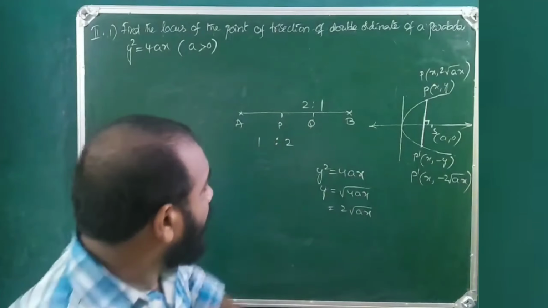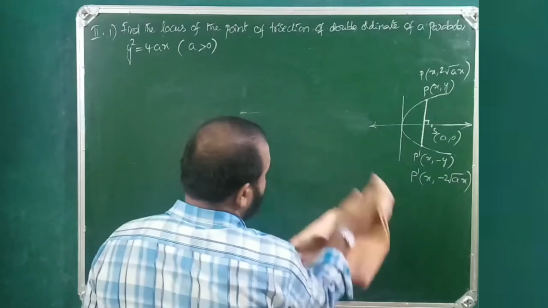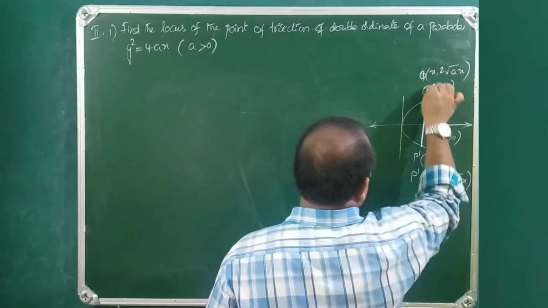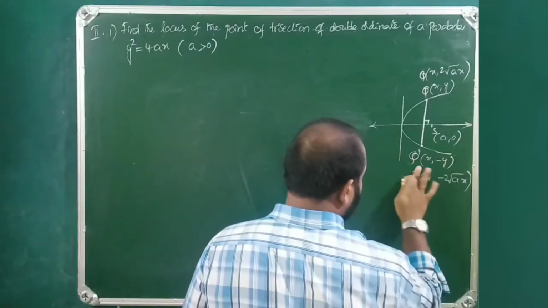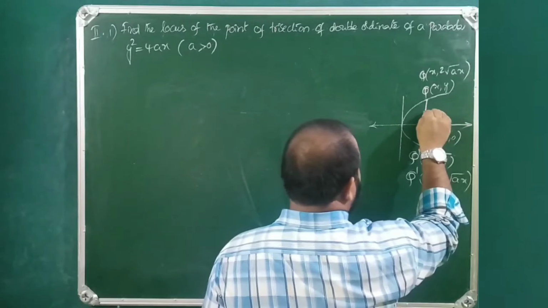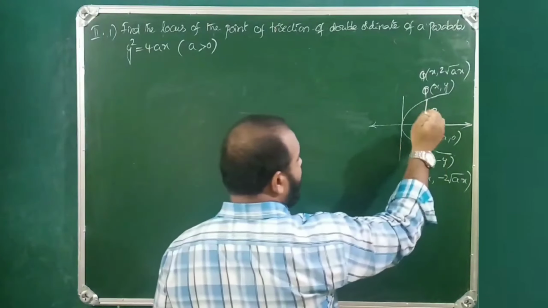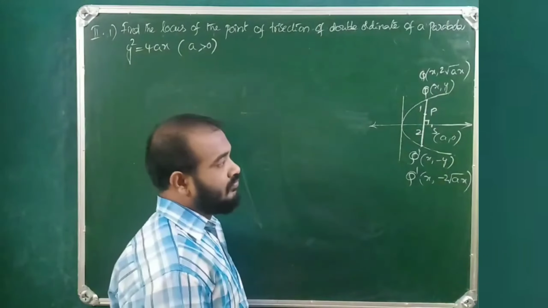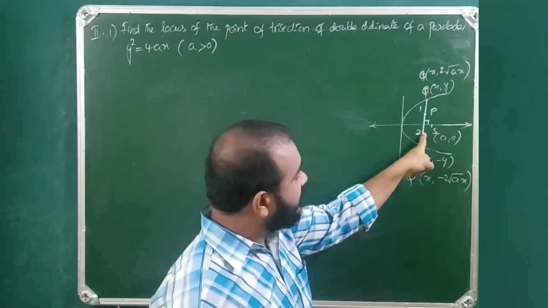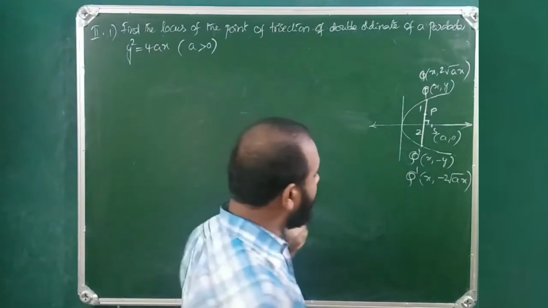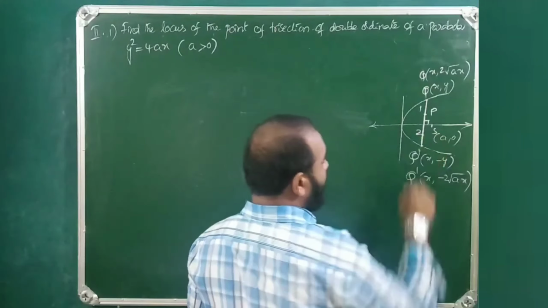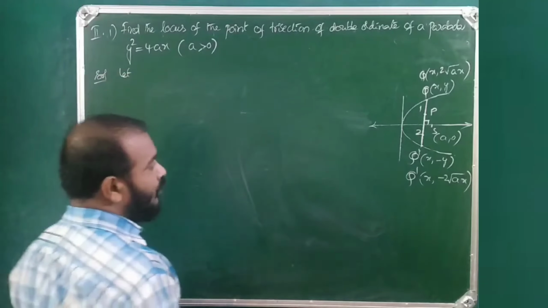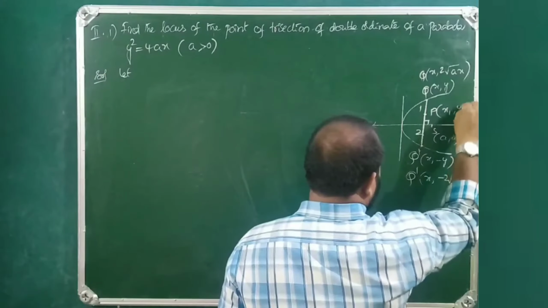So now let us take one point. Otherwise, if you take Q dash, Q, I'll take one point P in such a way that P divides Q dash in the ratio 1:2. Otherwise, P may be here also. In that case, it is 2:1. Otherwise, the point may be here also. So it will be taken as (x1, y1).